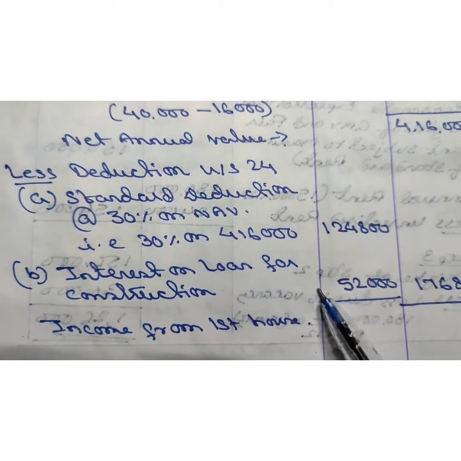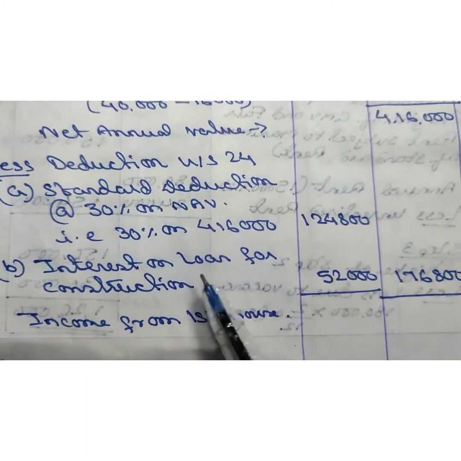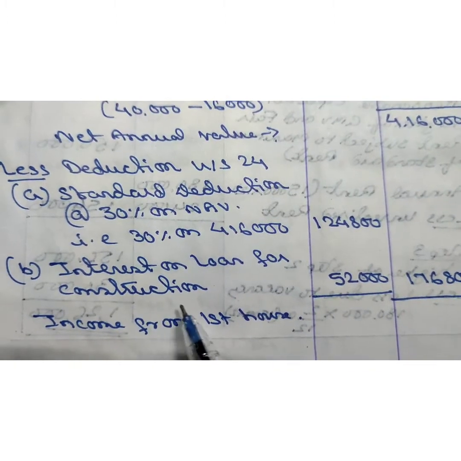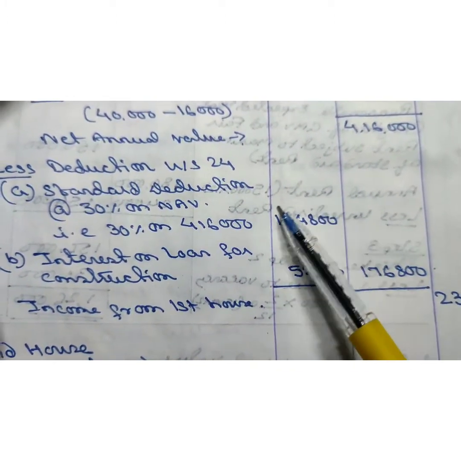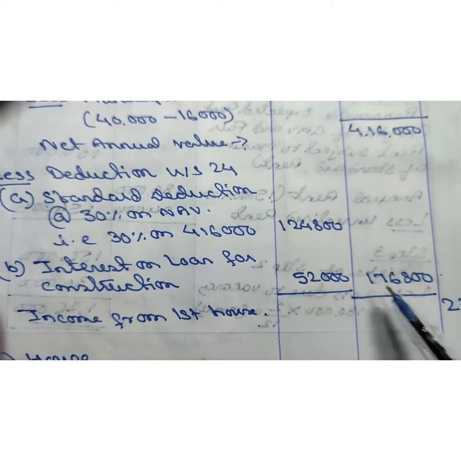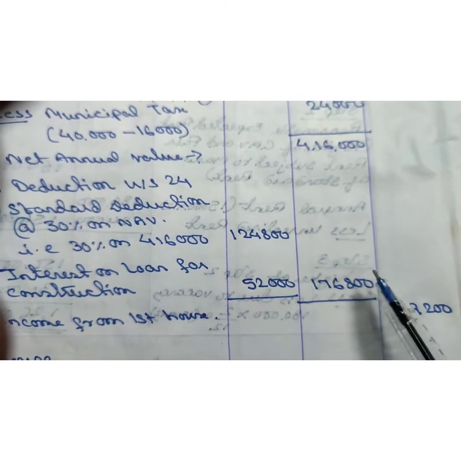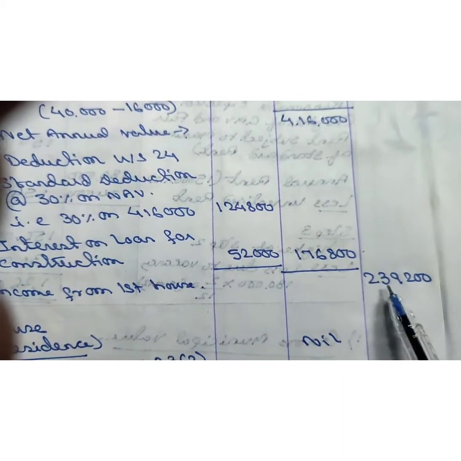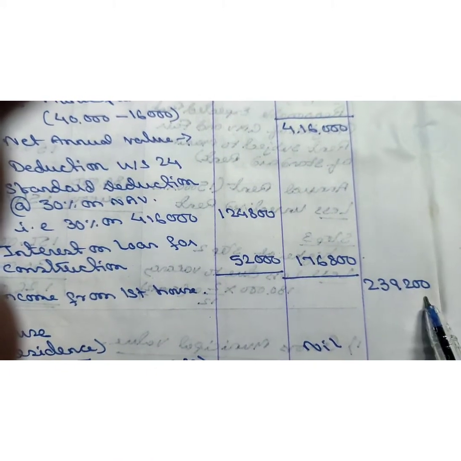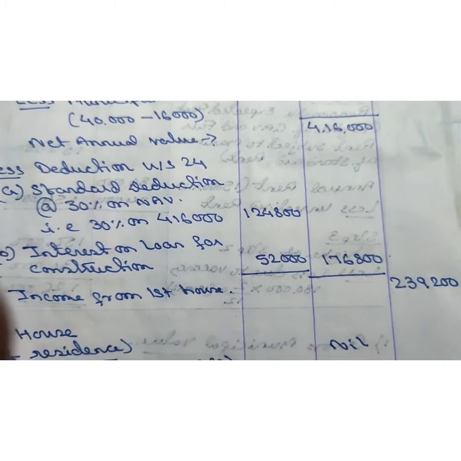So the entire amount of rupees 52,000 is deductible as interest on loan taken for the construction of the house. So the total deduction is the total of these two, that is 1,76,800, and this is deducted from the net annual value, and we get 2,39,200 as income from the first house.